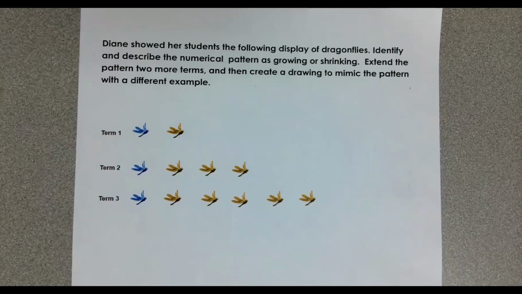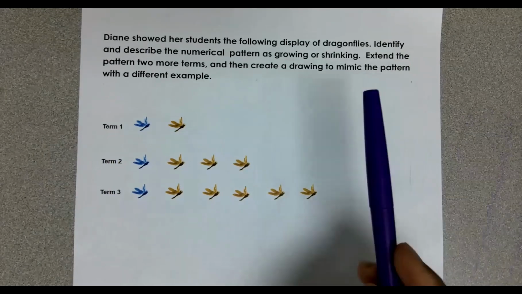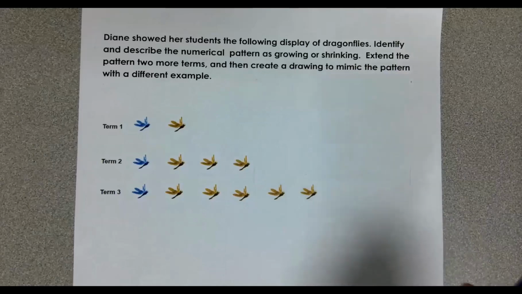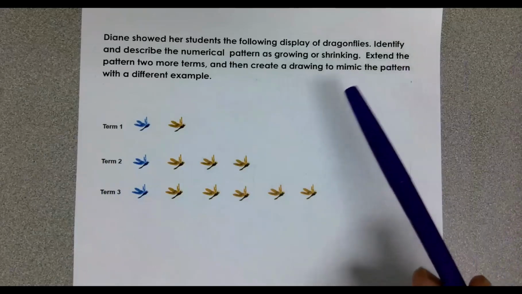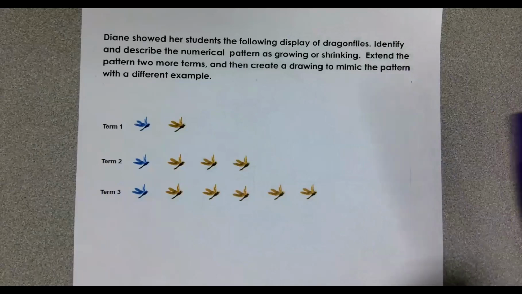So notice that students will have to identify the type of pattern. Is it growing or is it shrinking? Then they would extend the pattern. And in this particular lesson, they would create the next elements with a drawing, okay?